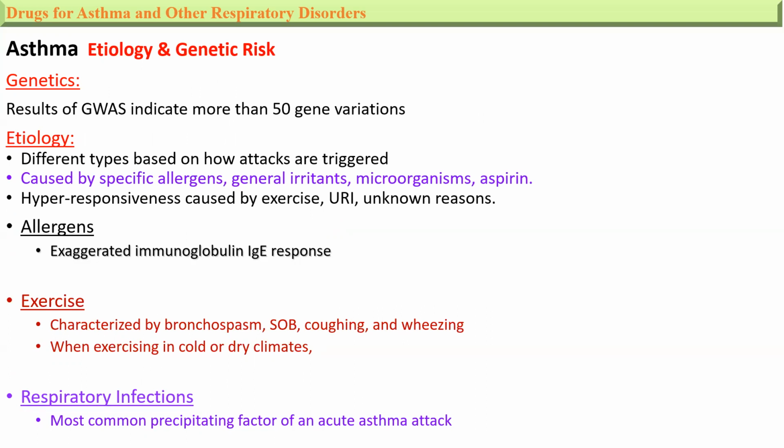Now, the etiology, there are different types based on how attacks are triggered, and we are going to highlight and identify some of these triggering factors. So when we say allergens, they are the factors that will exaggerate the immune system and result in the production of the IgE, and the IgE response will follow.